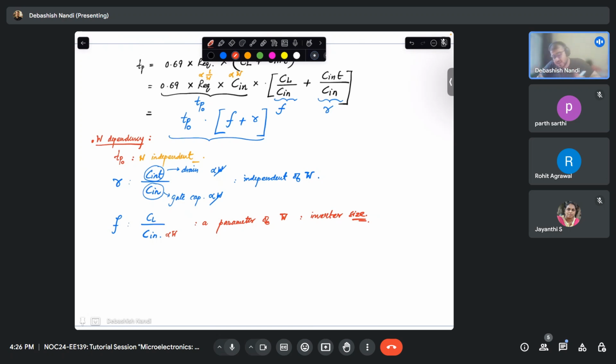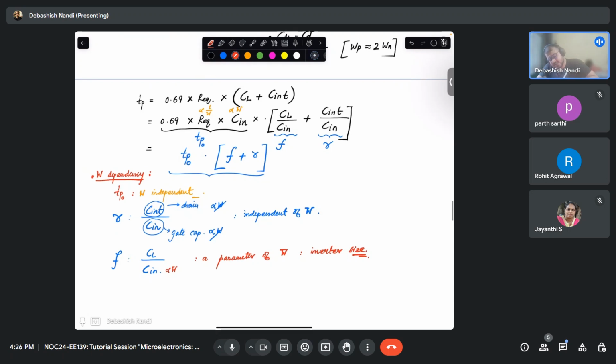We have manipulated the formula in such a way that the resistance width dependency we have taken into account by nullifying it with the capacitance width dependency. So all dependencies are now coming back to how my CL upon C in ratio plays out. So this is a mathematical manifestation for easiness of our future circuit analysis.